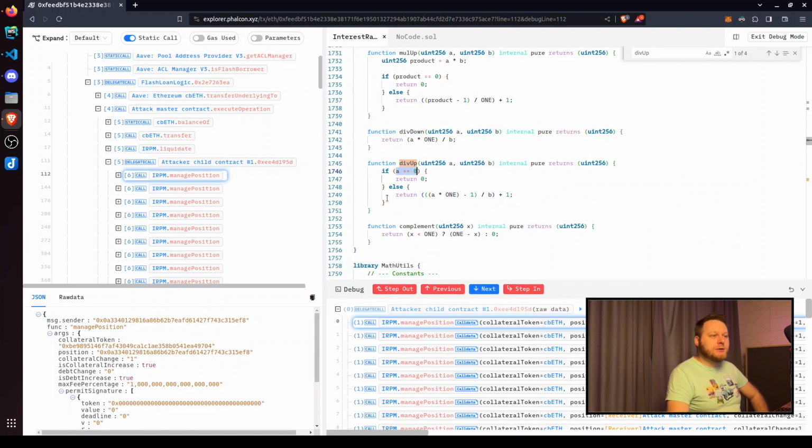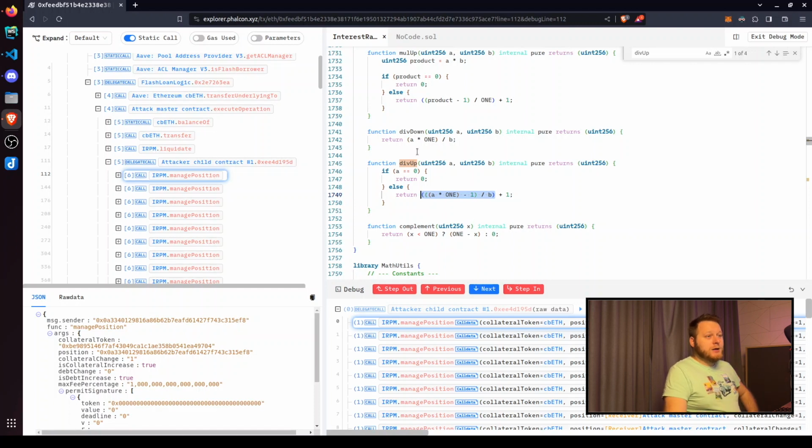So this is not 0, so we are going inside of this logic part. Okay, and A, which is 1 with 18 decimals, minus 1 divided by B, in this case is guaranteed to result in 0.